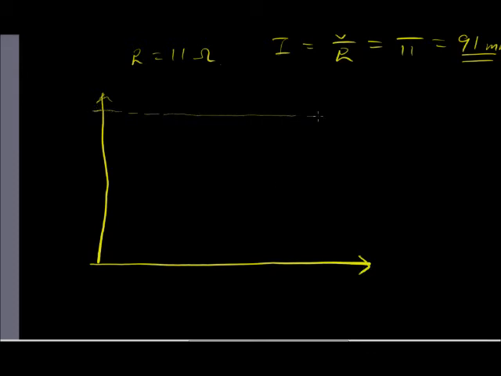Okay, let's first put on the important points first. The maximum current is 200 milliamp, and this is the PD voltage, and here is the zero intersection point.